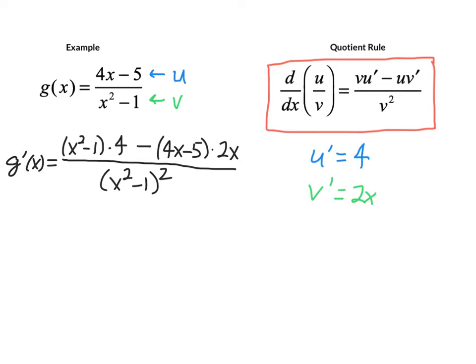And if we label our parts here, we have our vu prime for starters, and then we subtract from that uv prime, divided by v squared.